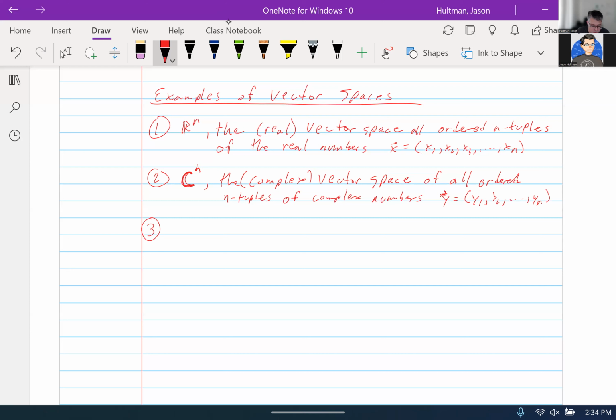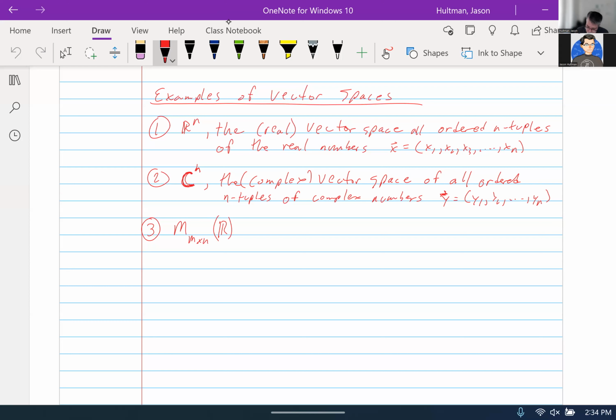Now we get into our linear algebra. So M of m by n of all real elements. If we have an m by n matrix with real elements, then that is a vector space as well. That satisfies all 10 properties.